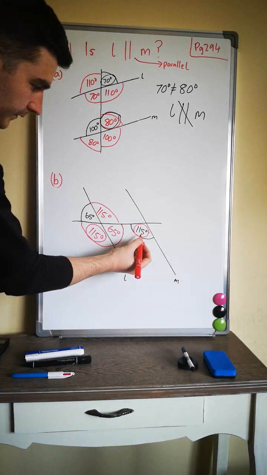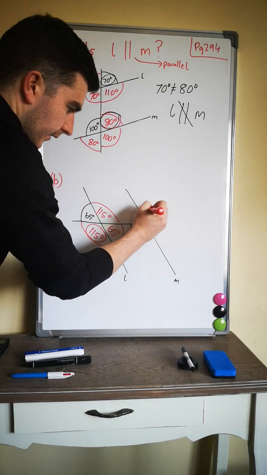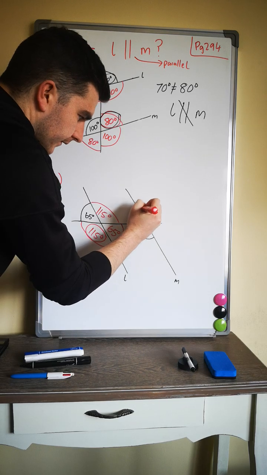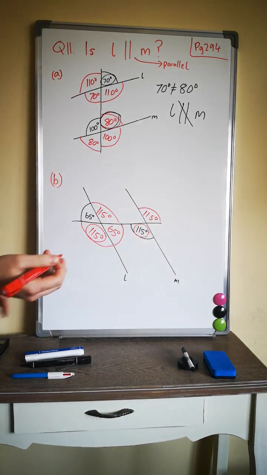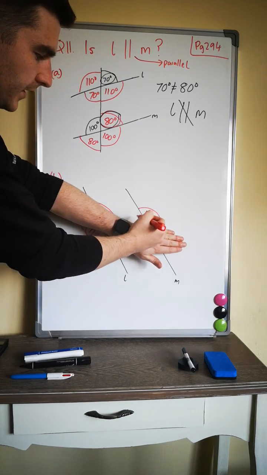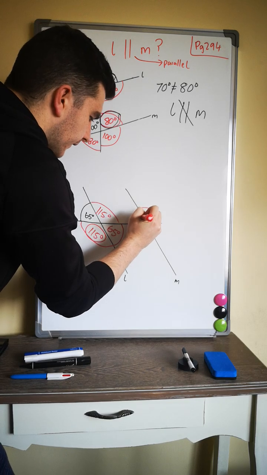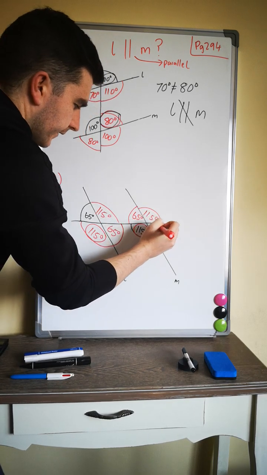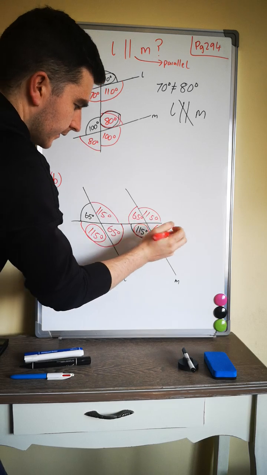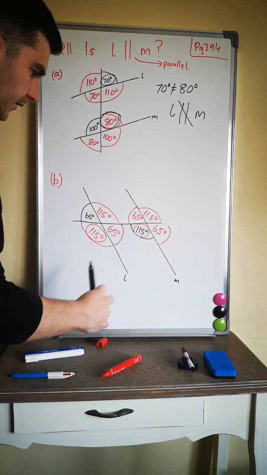If you're using vertically opposite angles, 115 degrees is opposite this angle, so it's 115 degrees. Now using your straight line rule, where your straight line is 180 degrees, 180 minus 115 degrees is 65 degrees, and your vertically opposite angle is opposite these ones, so that's 65 degrees as well.